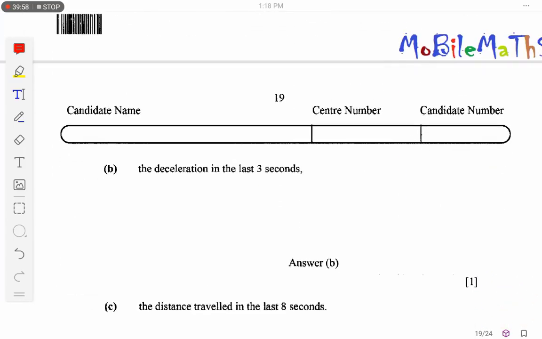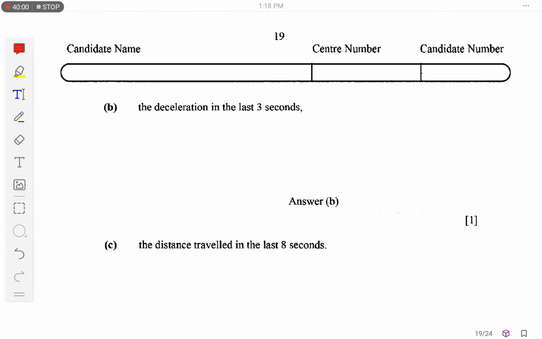The next question is asking us the deceleration in the last 3 seconds. For the last 3 seconds, we can do the same thing, where our acceleration is equal to our change in speed over change in time.